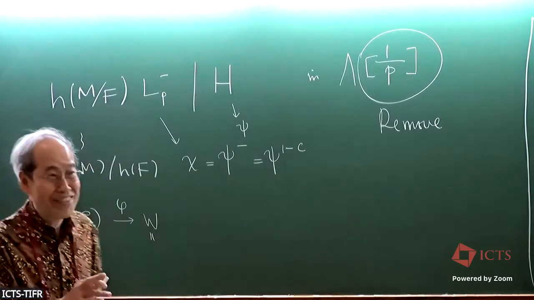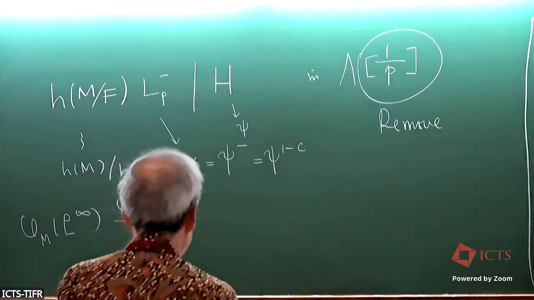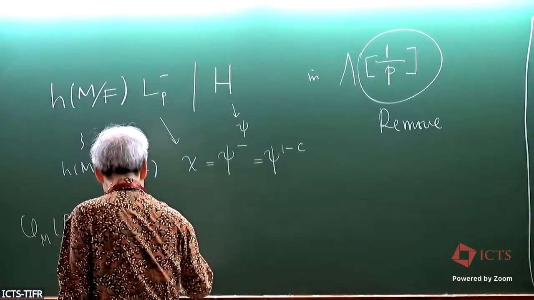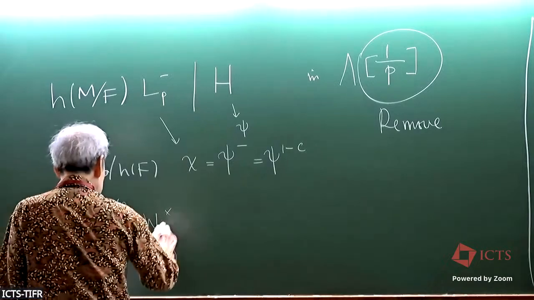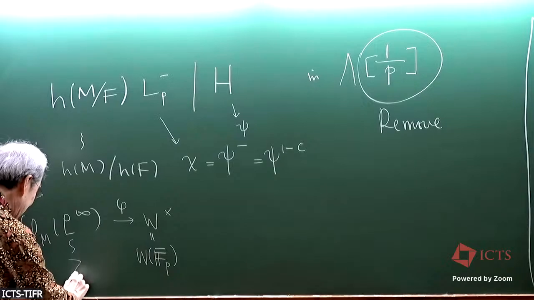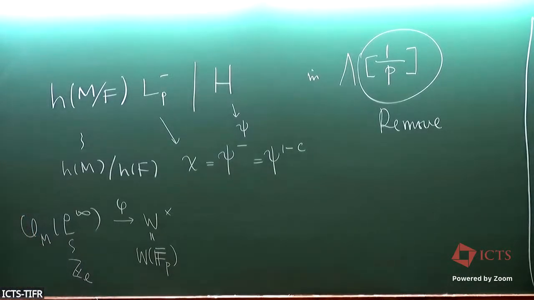For Jack it was a Galois group, but I use this W for the Witt vectors of the algebraic closure of F_p.